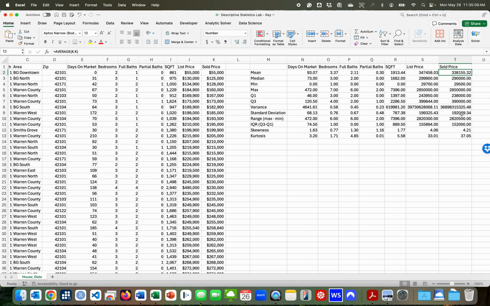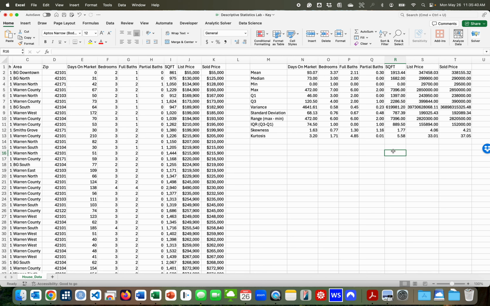So a pretty large standard deviation relative to the price. There's a statistic that we use to describe that, but we don't really think that much about it. The average home was just under 2,000 square feet. Did not have a partial bath, but had 2 full baths, 3 bedrooms. So if you think about that typical 3-bed, 2-bath, that's a pretty average house in Warren County.